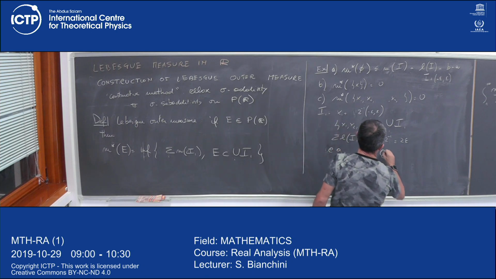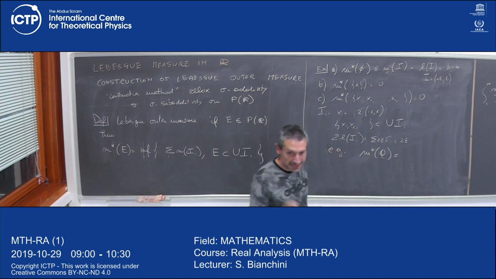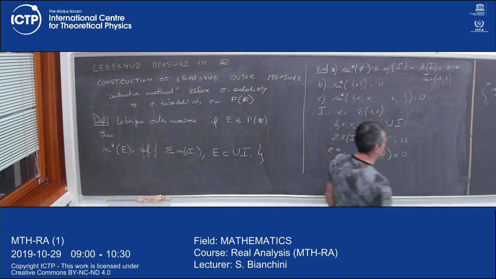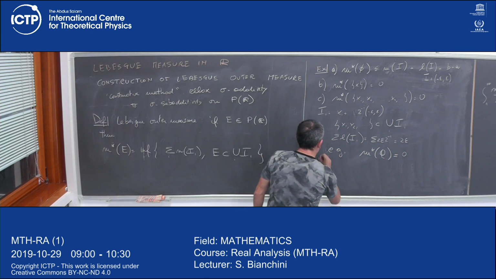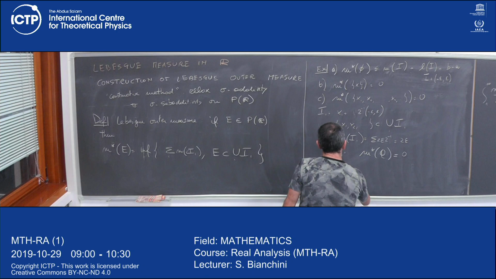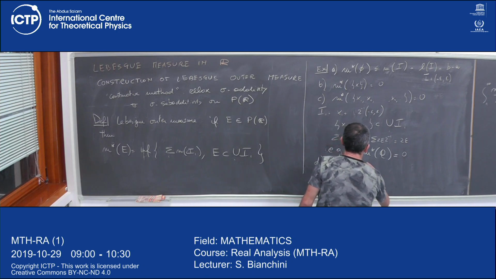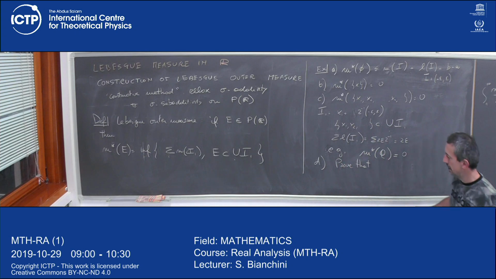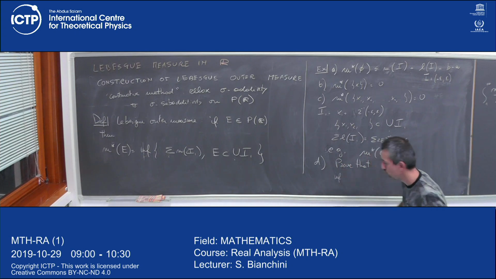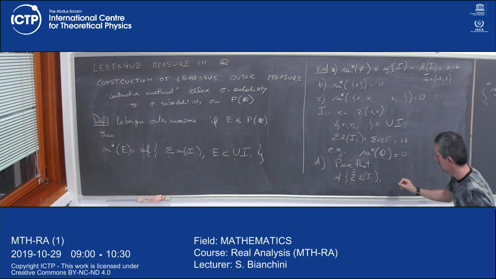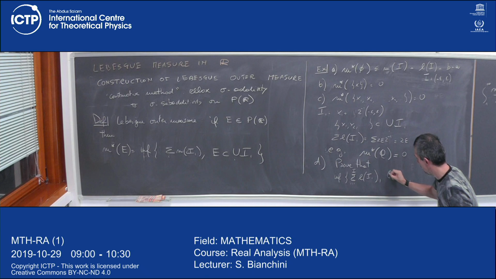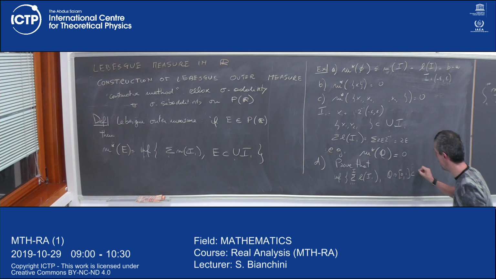The outer measure of the rational numbers is 0. Prove that the infimum of the finite sum of lengths of intervals, where the rationals in 0, 1 are contained in the finite union, is equal to 1.